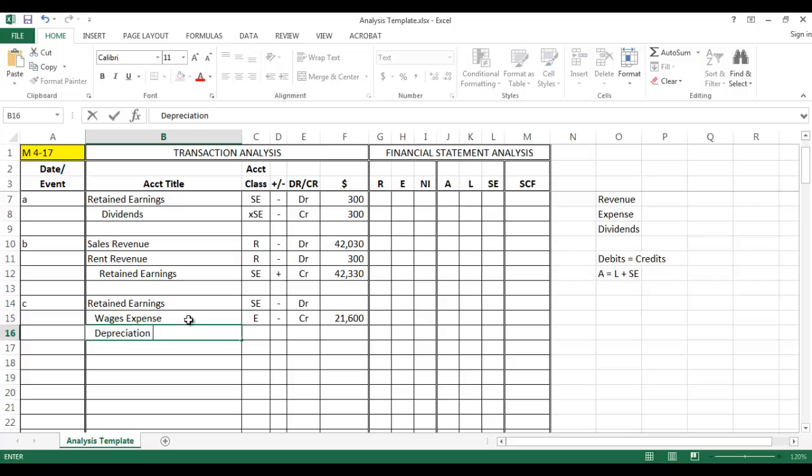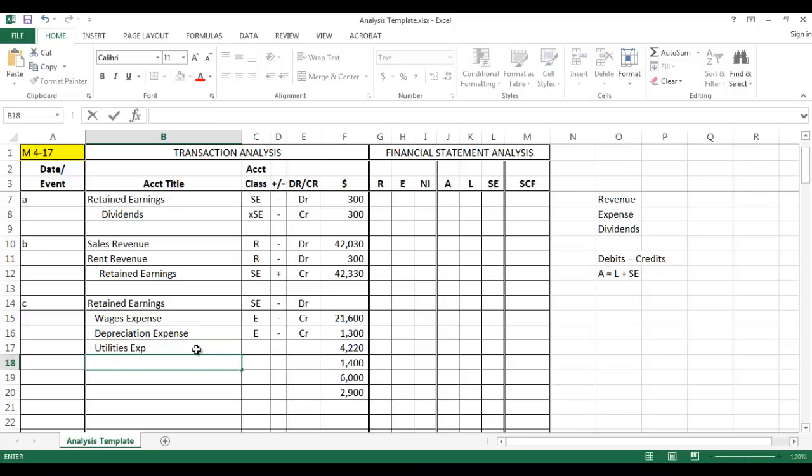Depreciation, and that is in the amount of $1,300. Then we have utilities, $4,220, $1,400 for insurance, $6,000 for rent, and $2,900 for income taxes. So I'll just fill in the names real quick here, and I'll abbreviate.